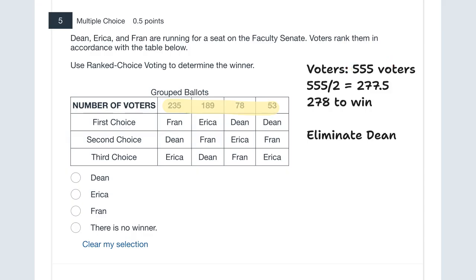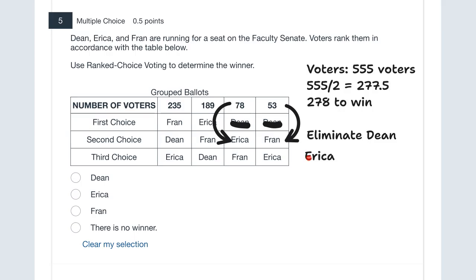So we eliminate Dean. Now be careful here. Once we eliminate Dean, from these 2 first place votes here, these 78 have to go to Erica and these 53 have to go to Fran. So does any of them have over 278?